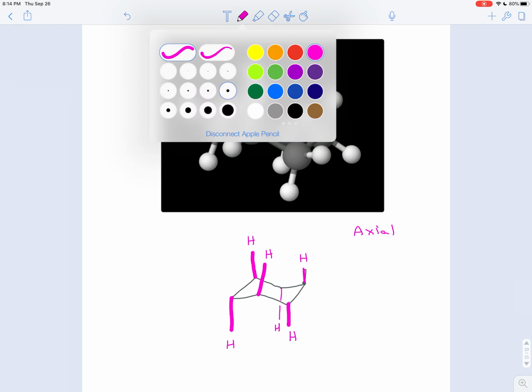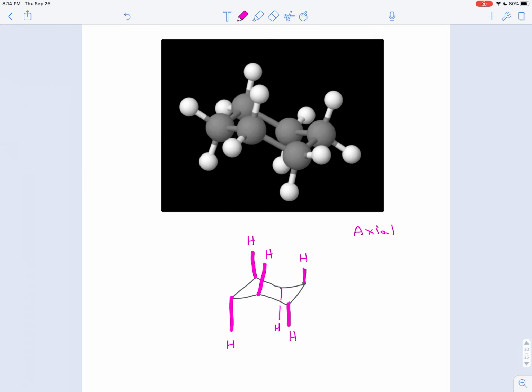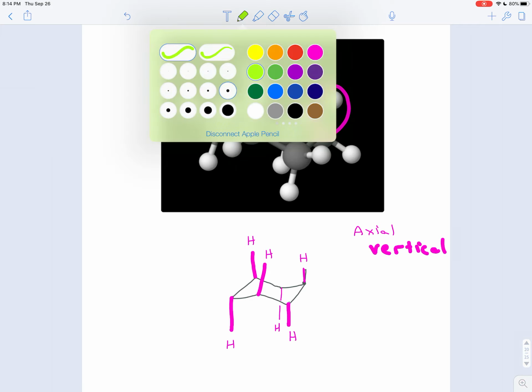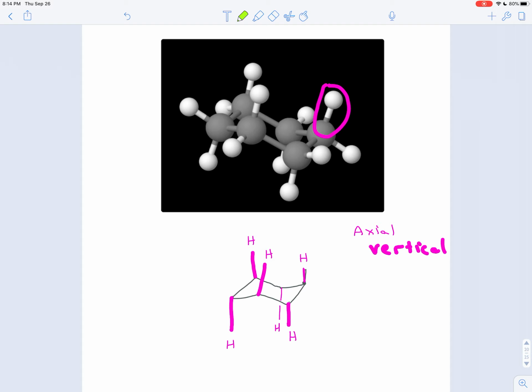Okay. Look back at the carbon we started with, this one right here. Notice that if the axial hydrogen, the one that's going either straight up or straight down, the vertical one, is going up, then the equatorial hydrogen, that's the one that's going to the side, is going a little bit down.